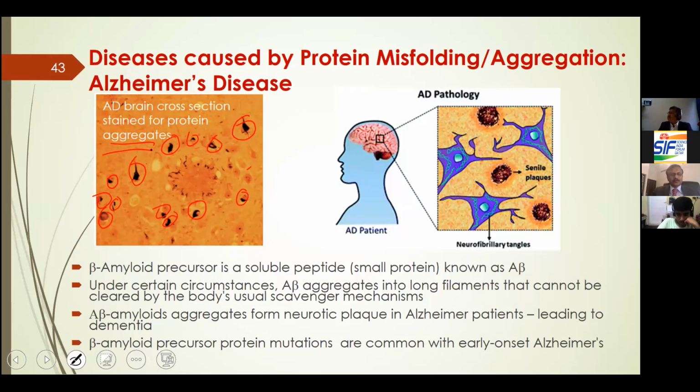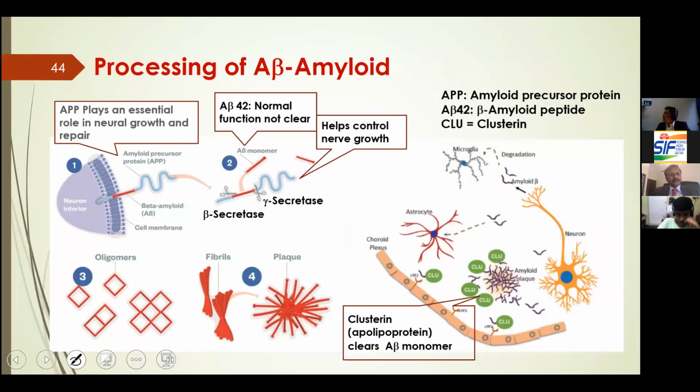Now, what are these proteins? These proteins are referred to as A-beta amyloids. Let me take 1 minute and explain this. We have this protein called amyloid precursor protein, also known as APP. This protein is broken down by beta secretase and gamma secretase, which are very important in the growth of the nerve cells. And in the process of cutting that protein, you release these short protein peptides called A-beta monomers.